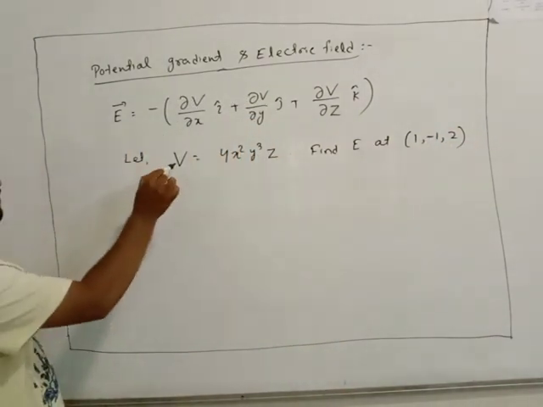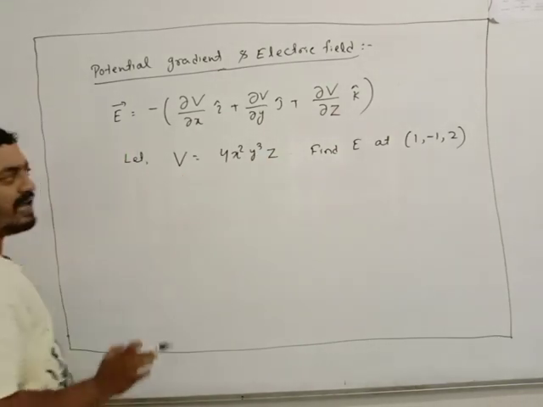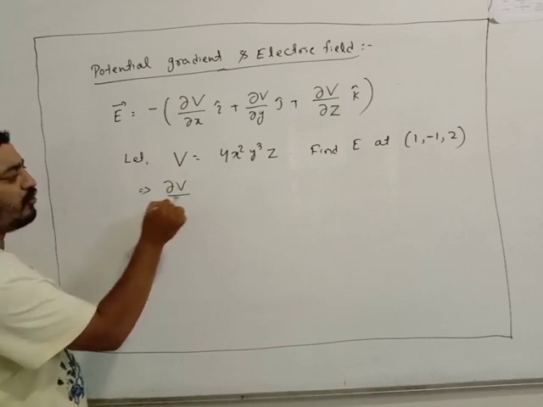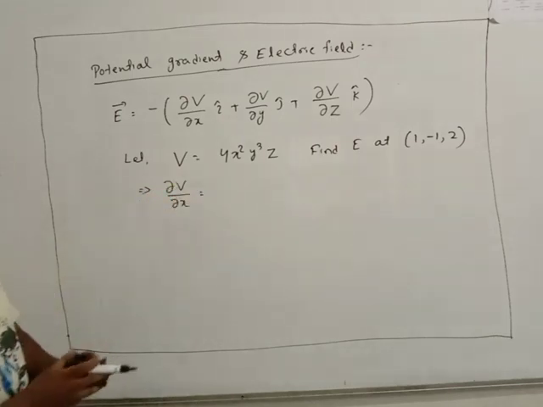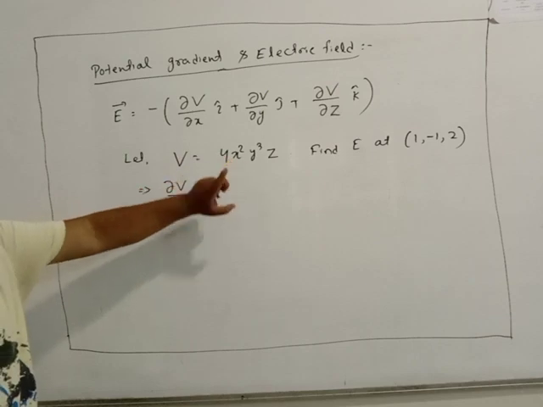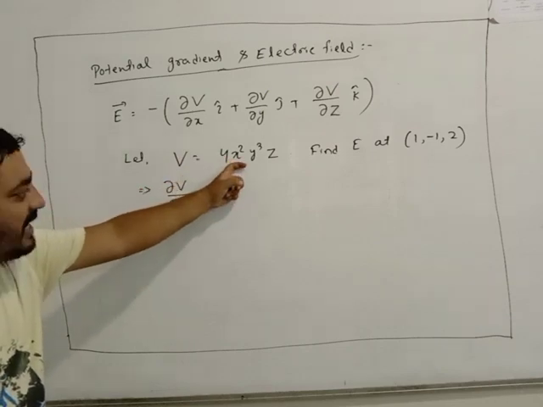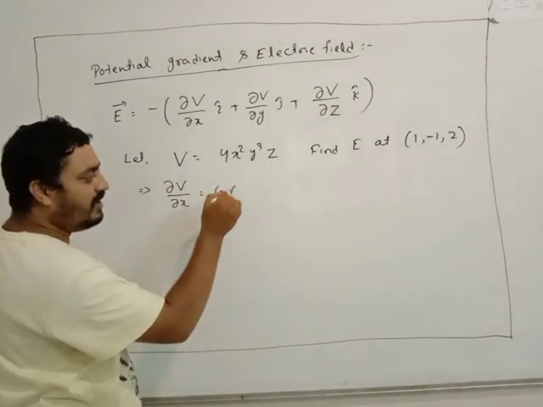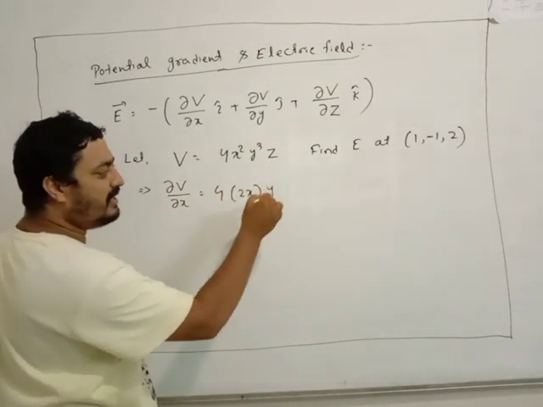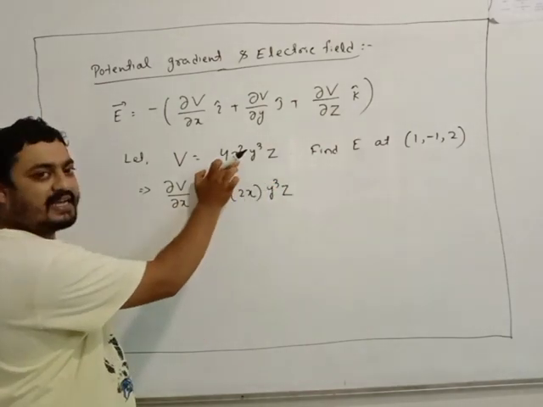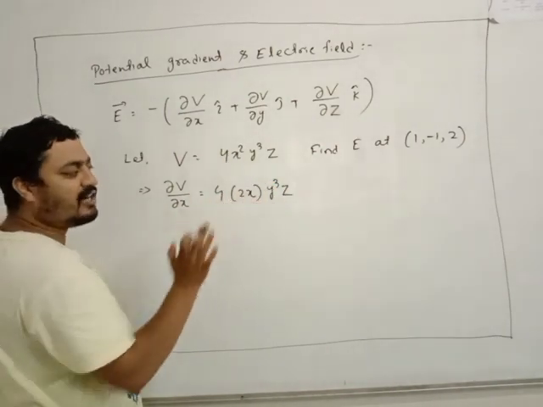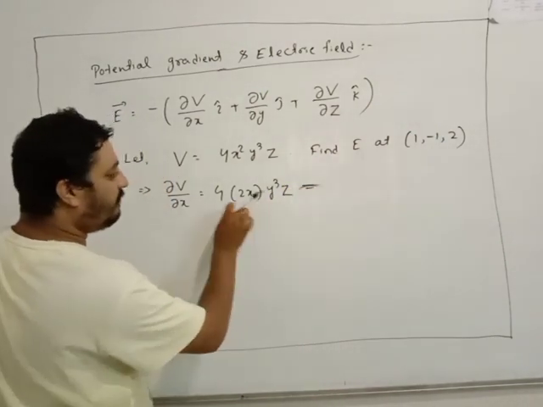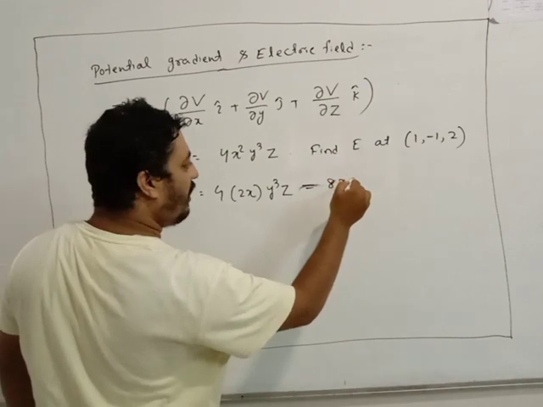Now v equal to 4x square y cube z, that implies dou v by dou x, how much will it be? See, dou v by dou x, only x is variable, y and z are constant, so it will be 4 into 2x into y cube z. You have taken the derivative of x only, rest are constants. Similarly, it will become 8x y cube z.